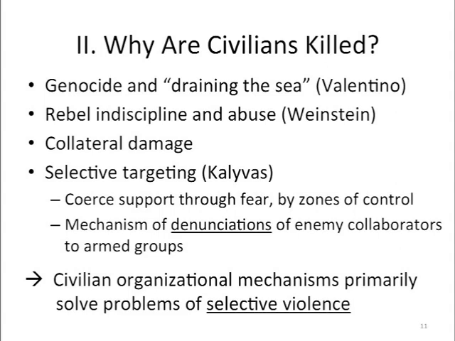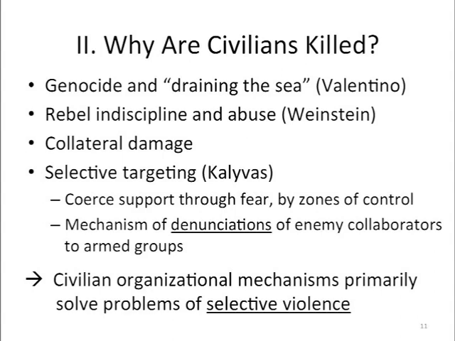This is essentially massive, indiscriminate violence used either to eliminate a group or often in counterinsurgency. As Valentino argues, this is used as a last resort to deal with rebels that they aren't able to target through other means. And so oftentimes the civilian population gets targeted for removal.